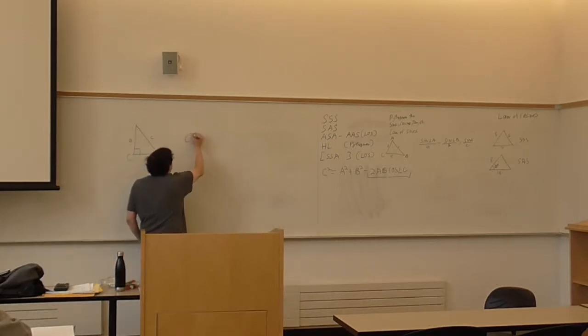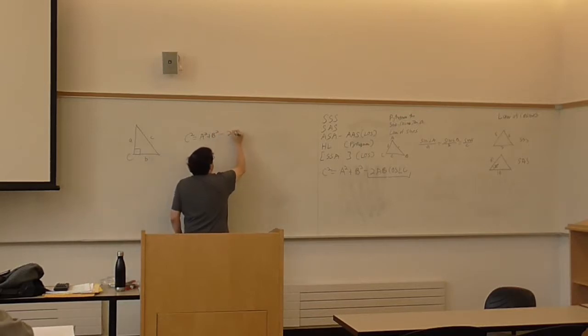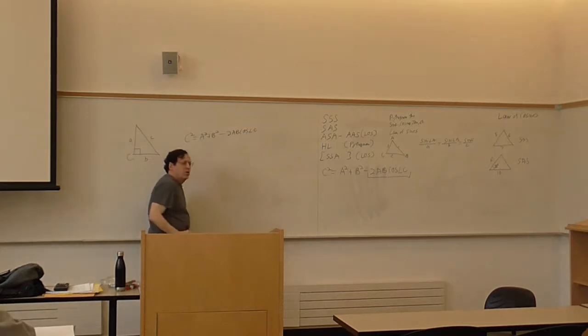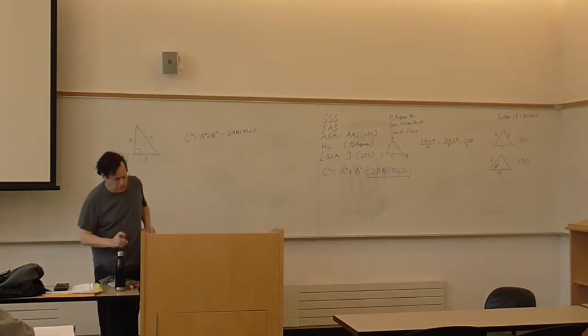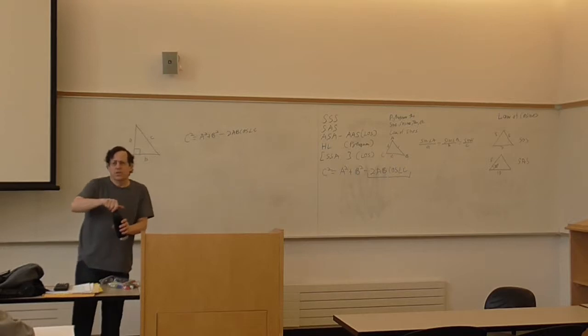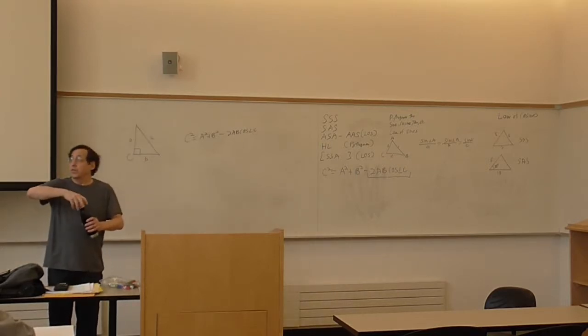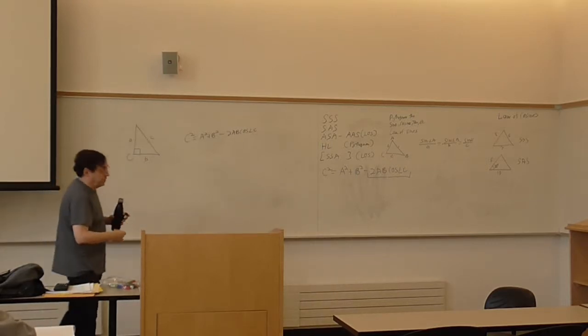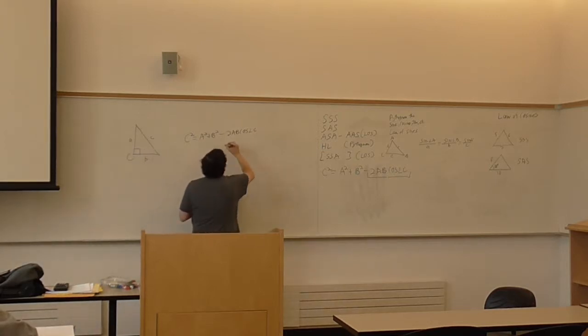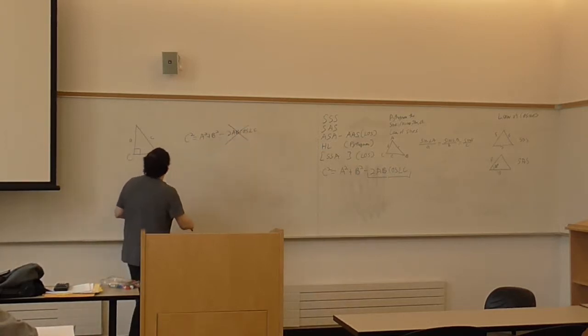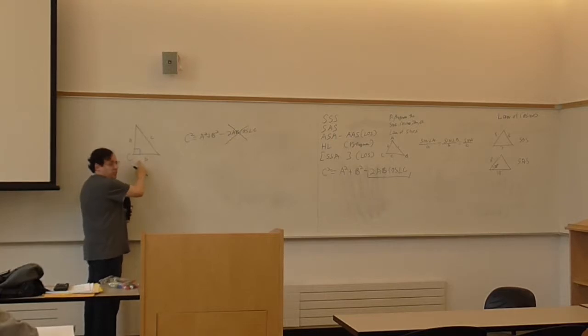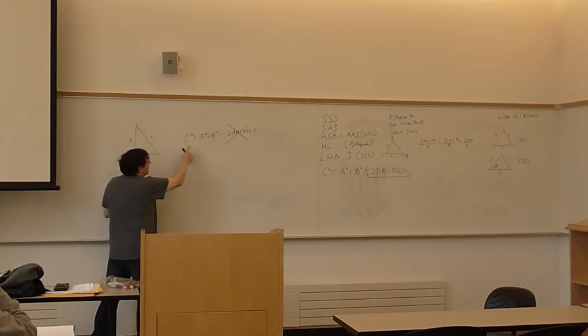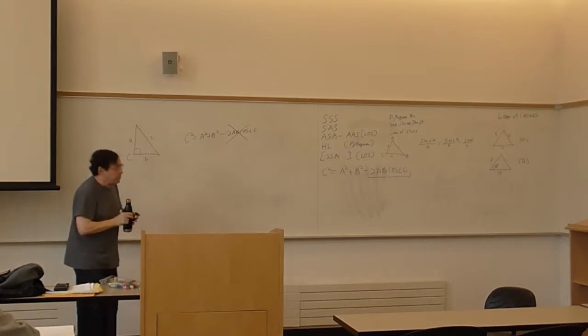Well, I get c squared equals a squared plus b squared minus 2ab cosine angle C. What's the cosine of 90 degrees? 0. Right? So in fact, just as we hoped, when I have a right triangle, the law of cosines just becomes the Pythagorean theorem.